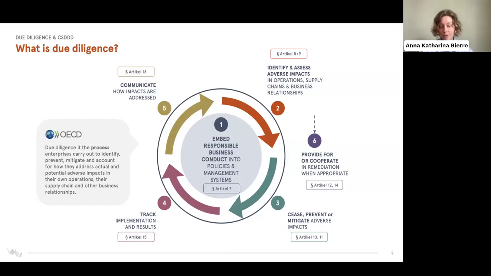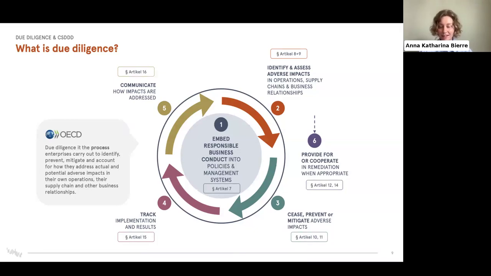And the process follows a set of internationally recognized steps. That's what we call the 6 steps, and those are outlined in the OECD due diligence guidance for responsible business conduct. And the way it works is that each step in this process naturally leads to the next, and this creates a cycle of continuous improvement, and therefore the process is often illustrated by this wheel that you see on the slide.